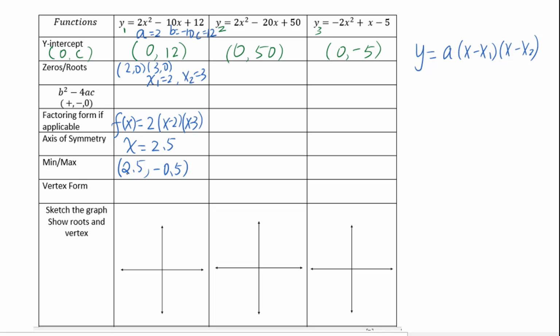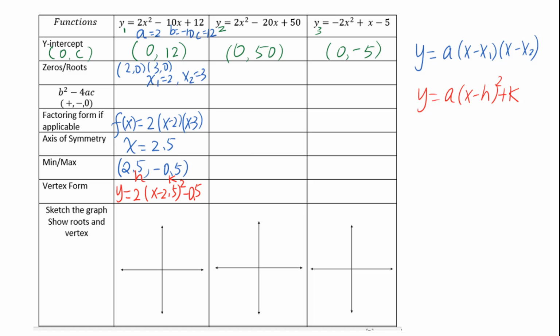For vertex form, this is h, here's k. For your vertex form, we know that it's a(x minus h) squared plus k. Therefore, we can write down y equals 2(x minus 2.5) squared minus 0.5.